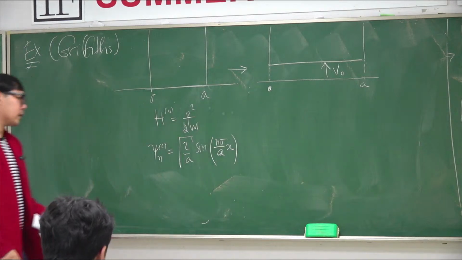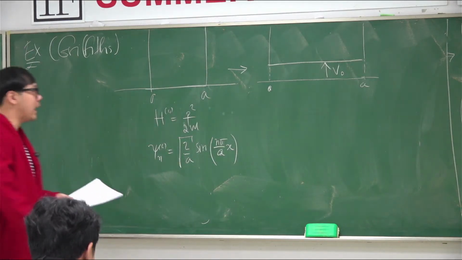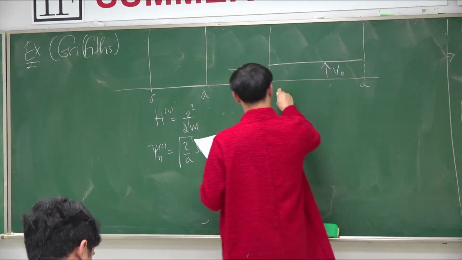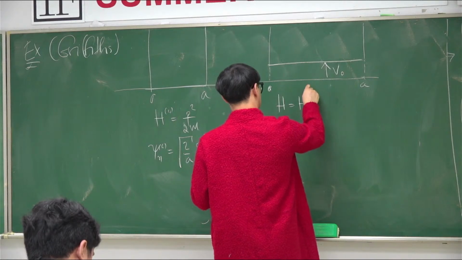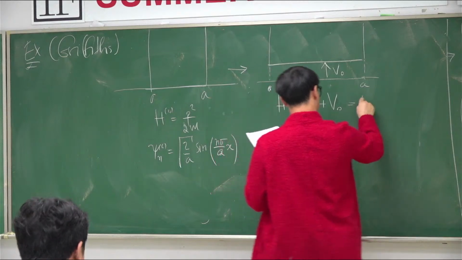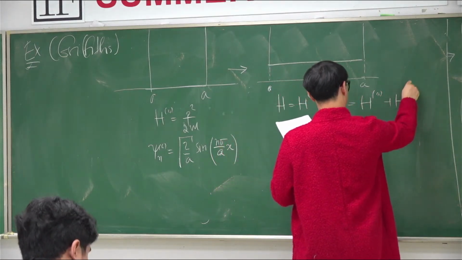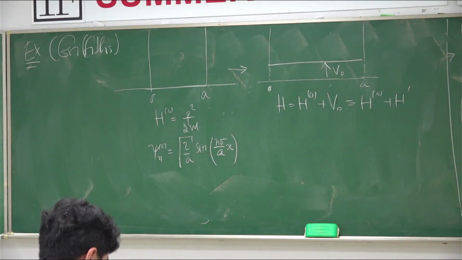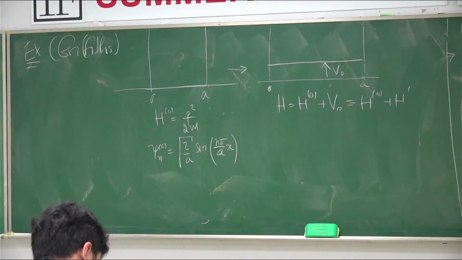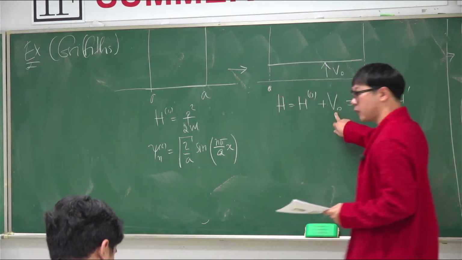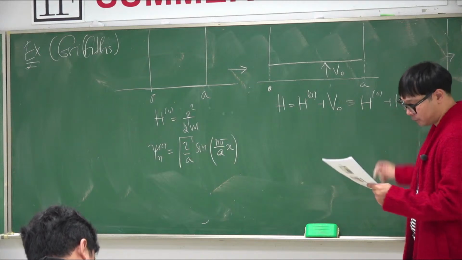Here is a solution, right? So now once you have this kind of shift of the potential, which is, you can think that actually you have to add the constant value of the potential into the system. And then you can consider this V0 as a perturbation term.